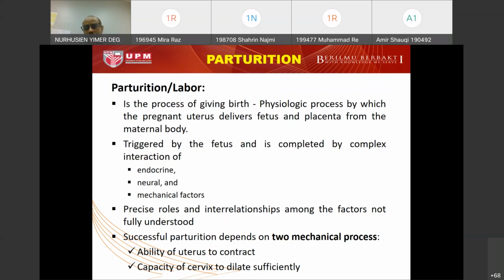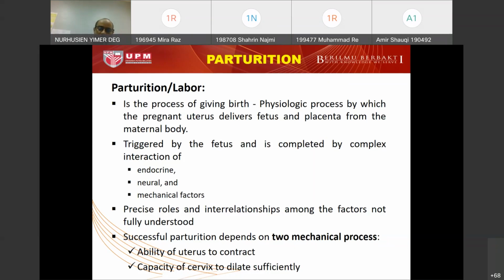So what triggers parturition? How does the parturition process start? When we talk about the triggering factor, basically it comes from the fetus itself. After the fetus completes its development and is mature enough to live as an individual, there will be a stress factor adding up on this fetus within the uterus.